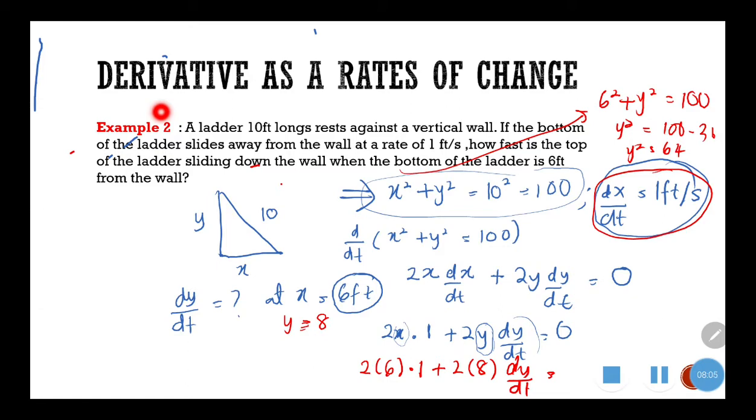Having this, we can solve for dy/dt. In this case, dy/dt is equal to negative 12 over 16, or equal to negative 3 over 4 feet per second.